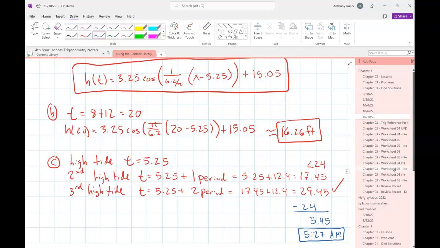And then since that number is less than 12, I know we're talking about AM. So our next high tide the following day should be that.